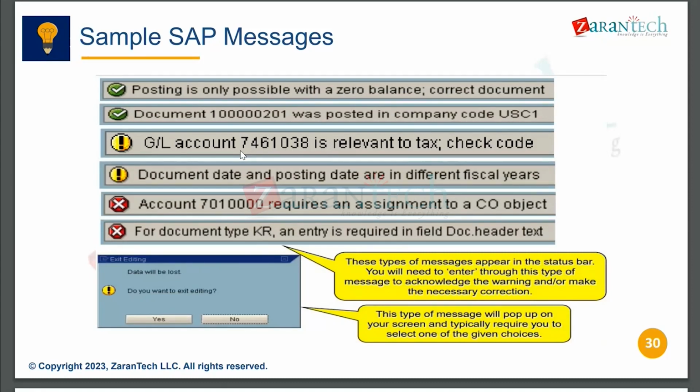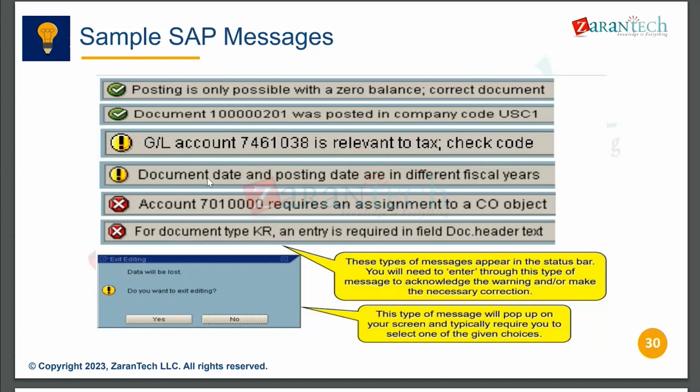So it checks whether you are posting to the correct GL account or not. Warning messages are used majorly in finance to recheck whether they are posting to the correct GL account, since it majorly impacts money. So there they use more information messages.